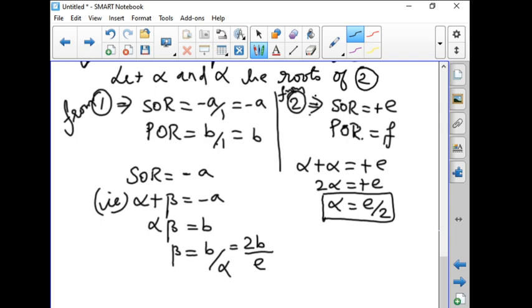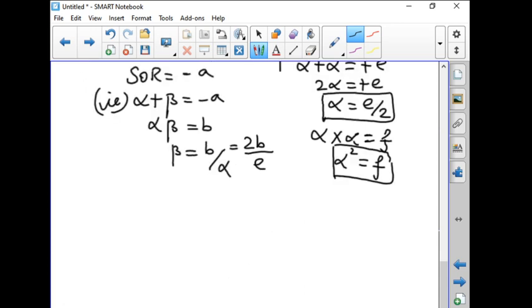And when you take the product of the roots, alpha into alpha is equal to f. So, alpha square is equal to f. Now, since alpha is a common root for both equations, it must satisfy equations 1 and 2.